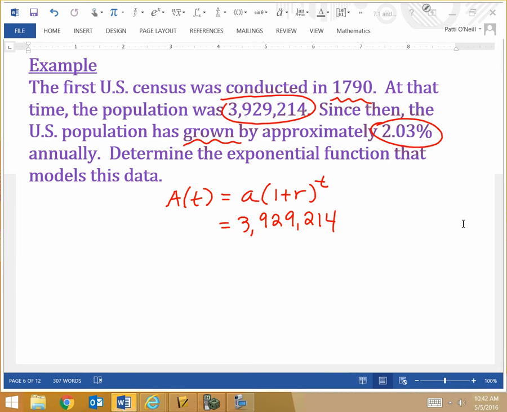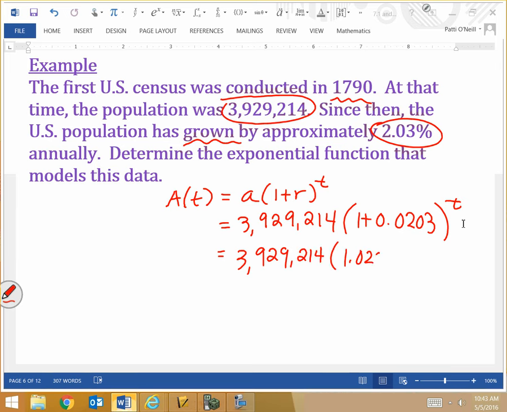You have to change it to a decimal. So that's going to leave us with 1 plus 0.0203 to the t, which in the end will give us a formula of 3,929,214 times the quantity of 1.0203 to the t power.